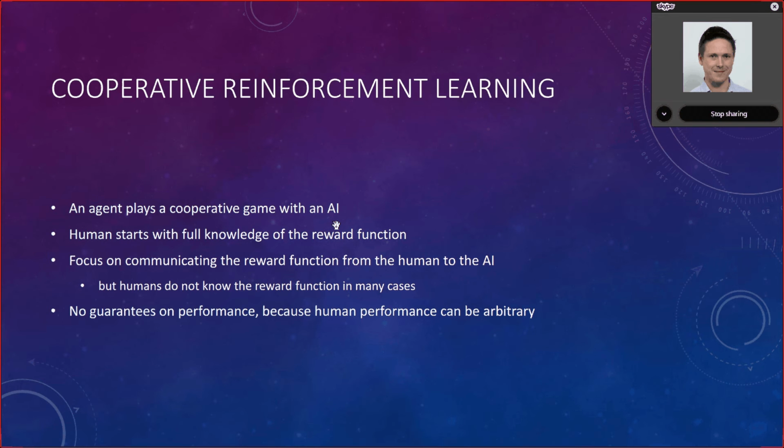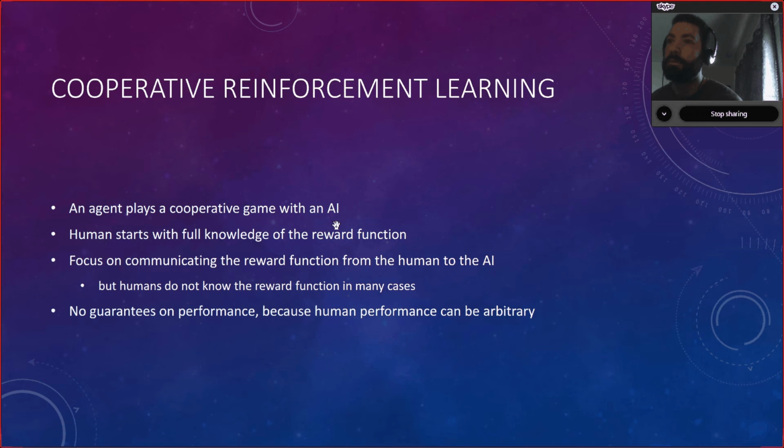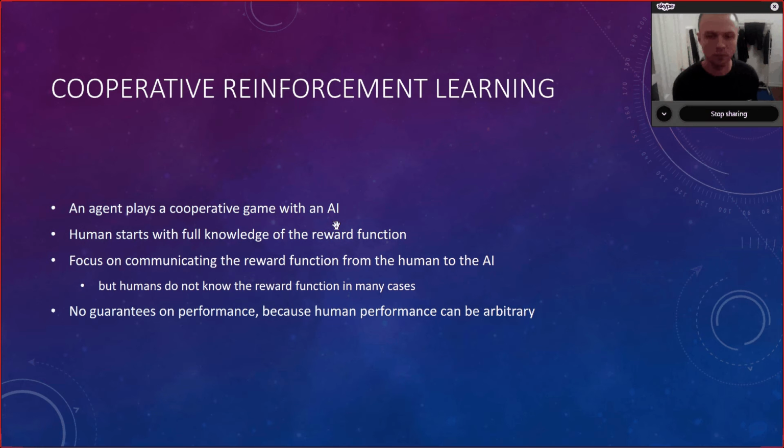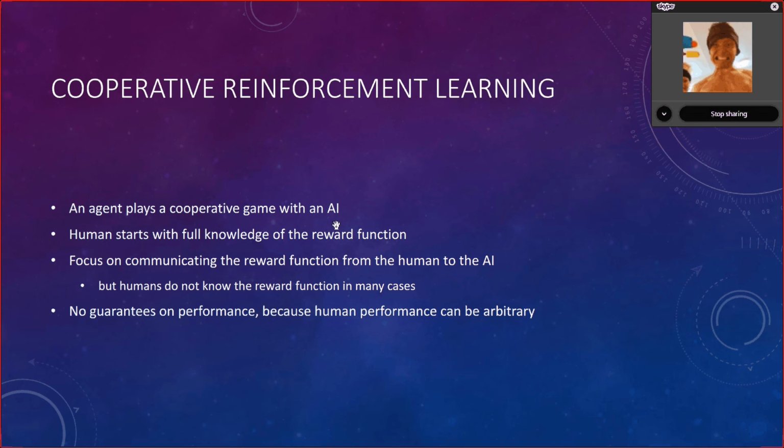One is that in examples like ethics or extremely complicated cases like driving a car, humans do not really know what the reward function is. And also, it's very difficult to give mathematical guarantees that this will be a good solution, because humans can perform both very well and very badly depending on the circumstances.